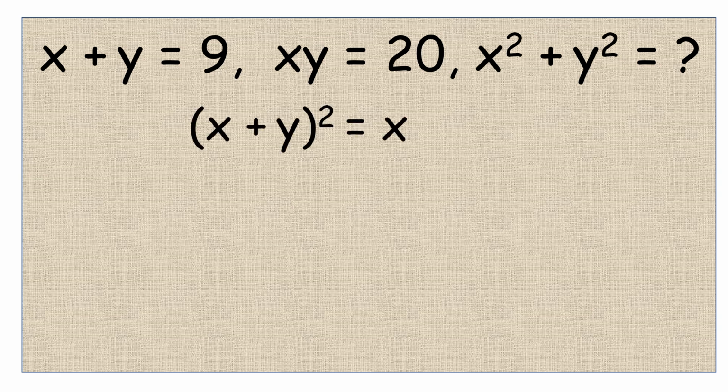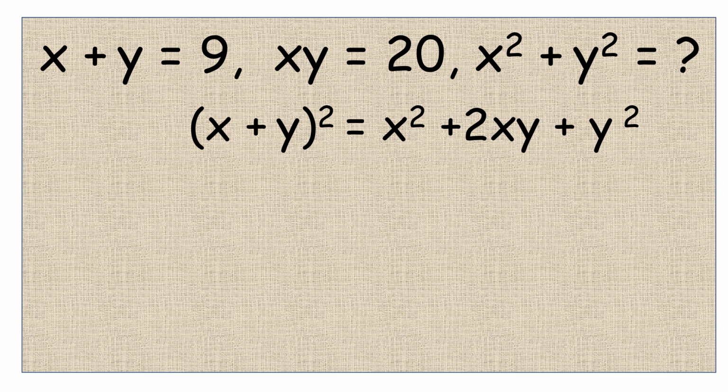Now, generally in mathematics, a plus b squared is equal to a squared plus 2ab plus b squared. And that's just the same as x plus y all squared, just like you can see here, is equal to x squared plus 2xy plus y squared.